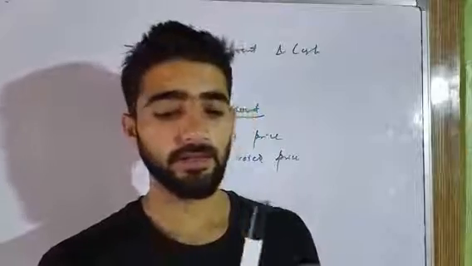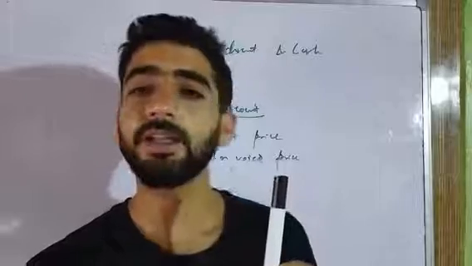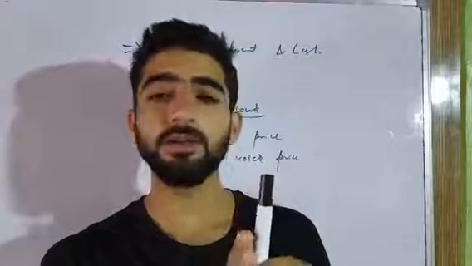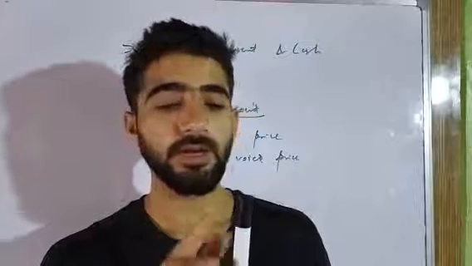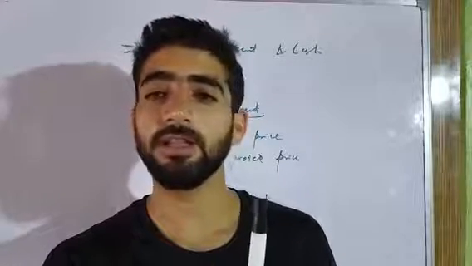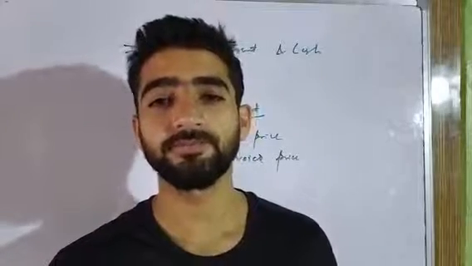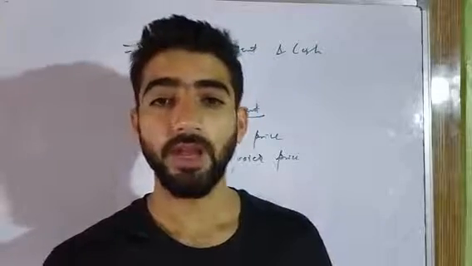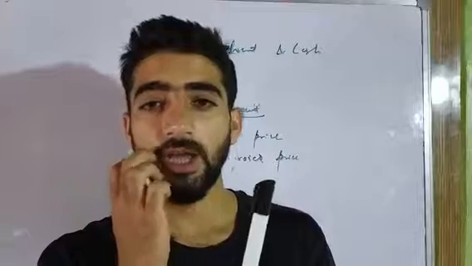If the supplier says that this marker costs 110 rupees and I will be giving you a discount of 10%, that means 110 rupees minus 10% of this 110, so this marker will be offered at a price of only 100 rupees.